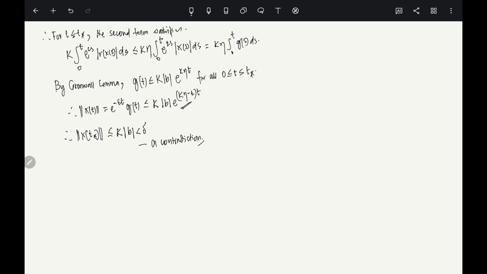So basically what we proved is, if there is a solution which starts in a neighborhood of b star, it stays there, and for all time t it is defined and stays in the neighborhood. Since x of t is less than k times mod b e power k eta minus epsilon times t, and k eta minus epsilon is negative, as t tends to infinity, the norm of x of t must go to 0. And 0 is the equilibrium point, so it is asymptotically stable. Is it okay? So that's how you prove this theorem.